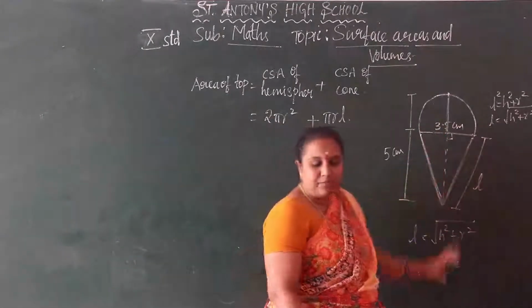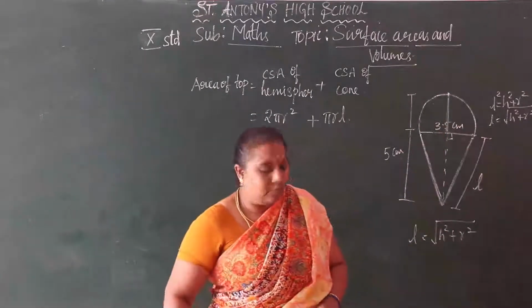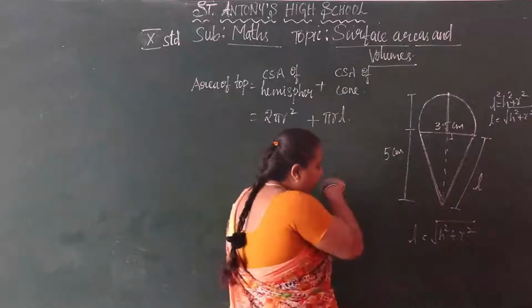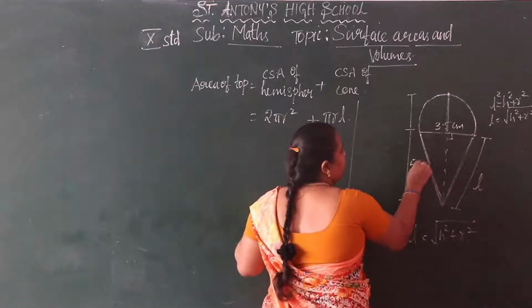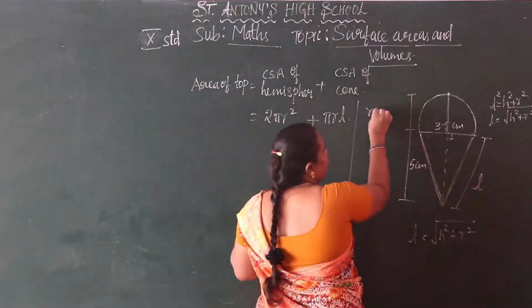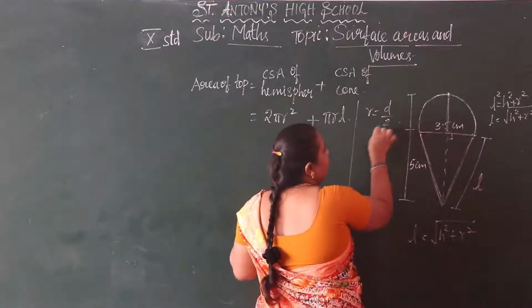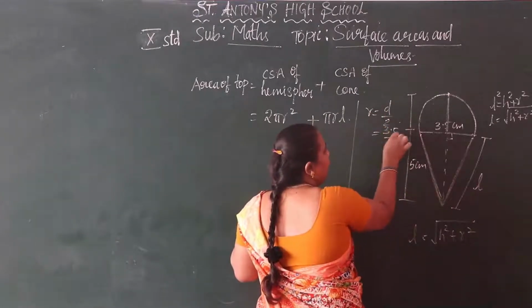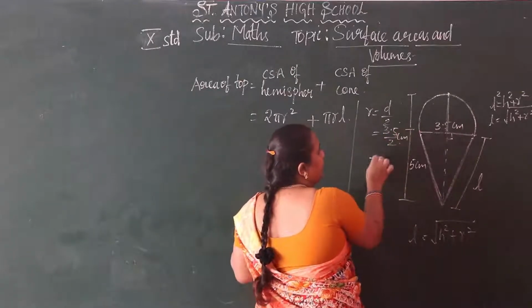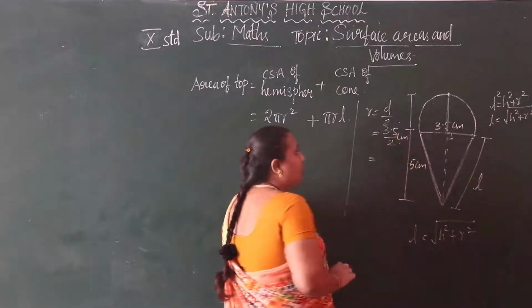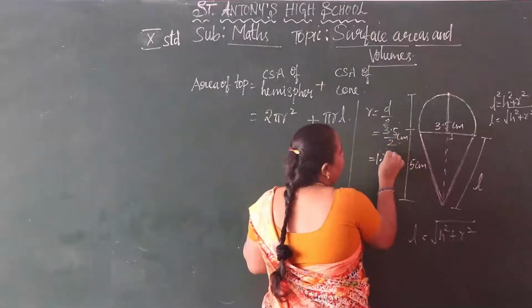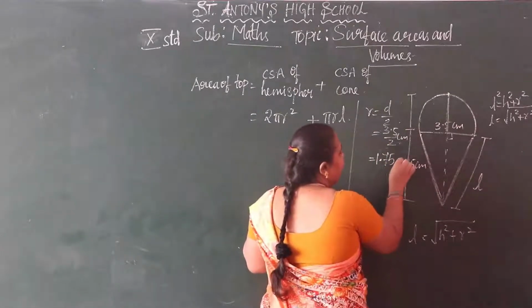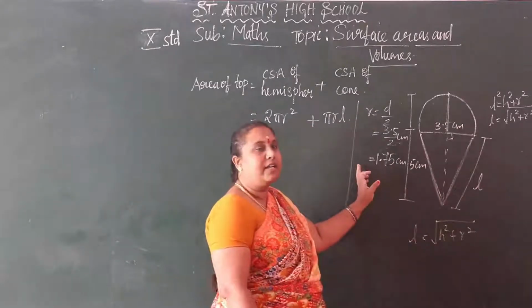Okay, so now we have the radius we want to find out. R equals D by 2. What is the diameter equal to here? 3.5 by 2 centimeter. So 3.5 by 2 is 1.75 centimeter.